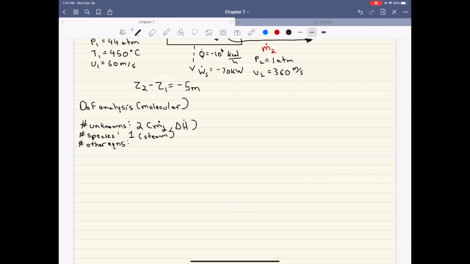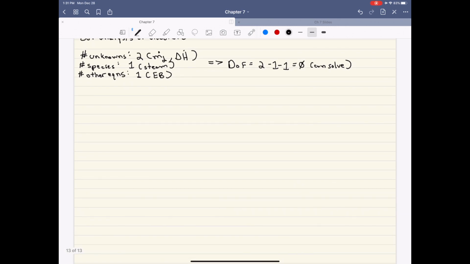And as far as other equations, we have to remember, now that we're dealing with energy balances, we could always use our energy balance as an additional equation to help us solve for all our variables. All right? So from now on, you should always at least have 1 here at minimum. Okay, so if we count up our degrees of freedom, it should be 2 minus 1 minus 1 gives us 0. And so we can solve for all our unknowns.